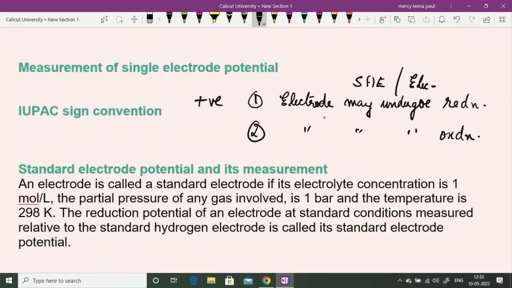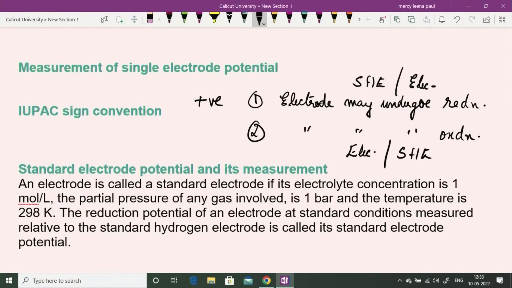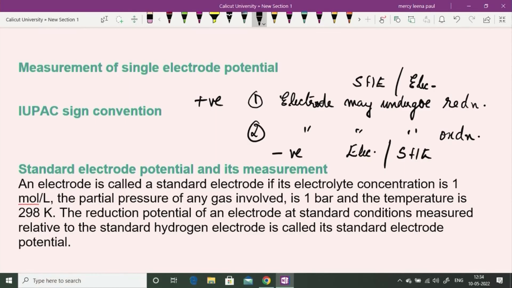Now, when the electrode connected to SHE undergoes oxidation, again we have to put the electrode on the left hand side and SHE on the right hand side. So, here the electrode undergoes oxidation when connected to SHE, and in this case the electrode potential is given a negative sign. So, when reduction occurs, we give a positive reduction potential, and when oxidation occurs, we give a negative reduction potential. That is all.